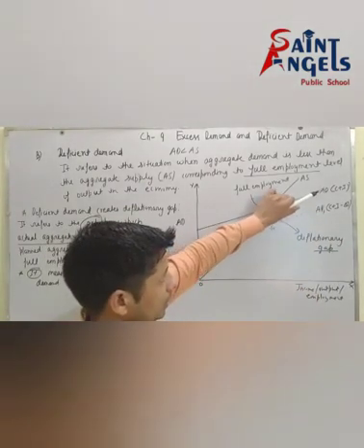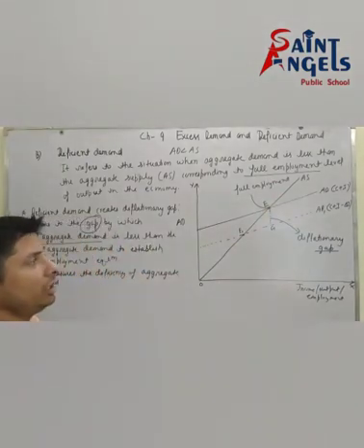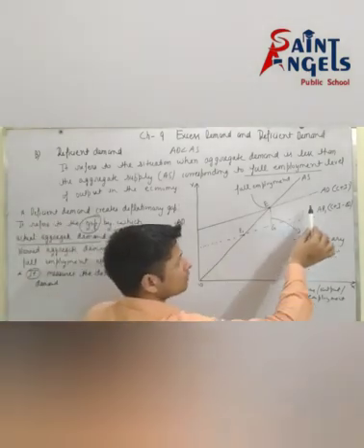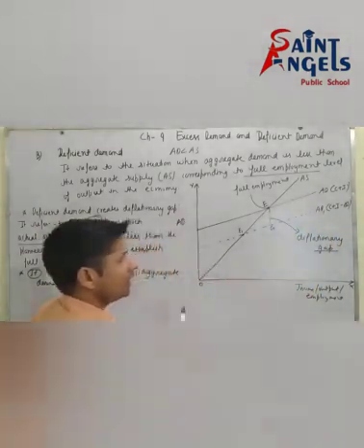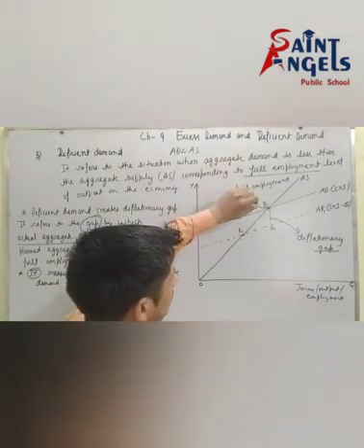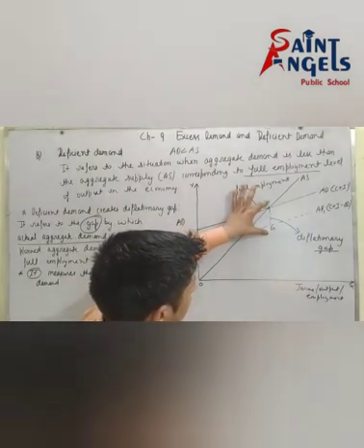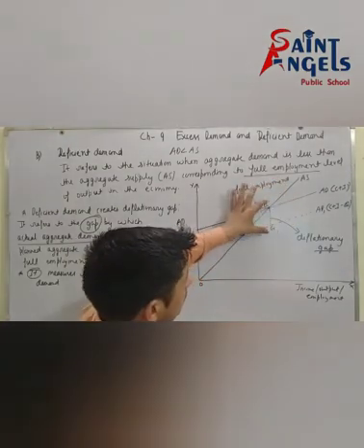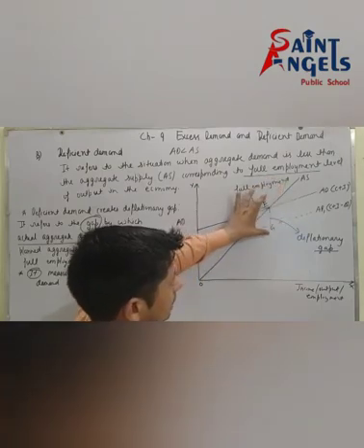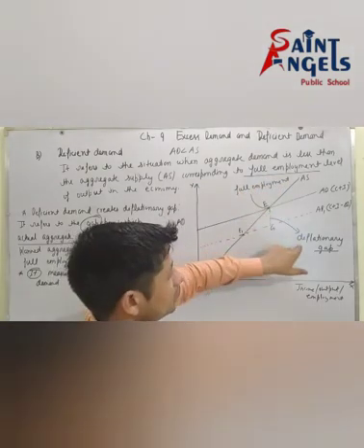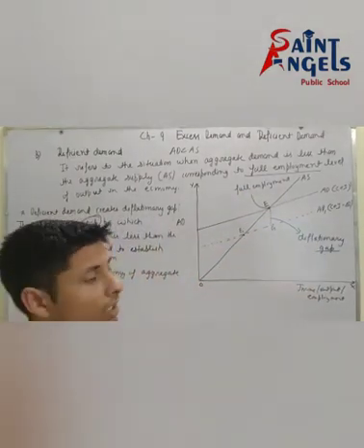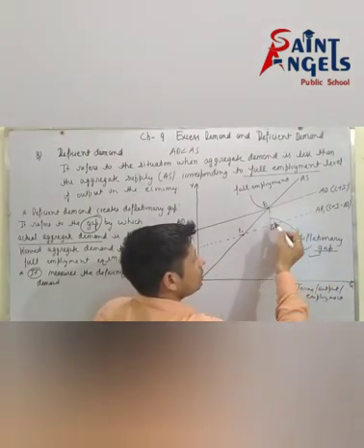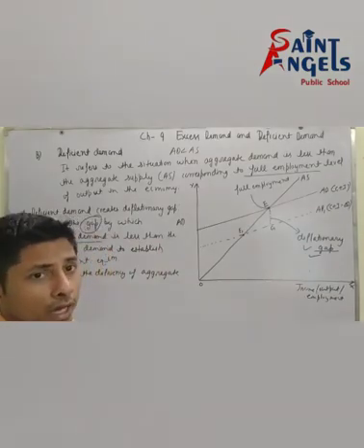Aggregate demand falls from AD to AD1, and the gap between them is known as the deflationary gap, or you can say deficiency of aggregate demand.